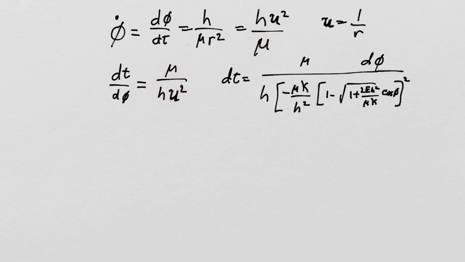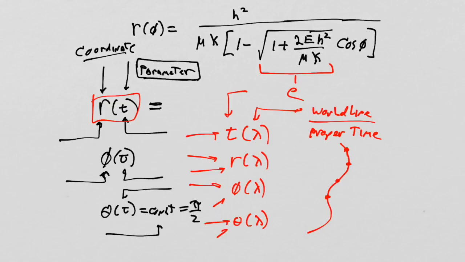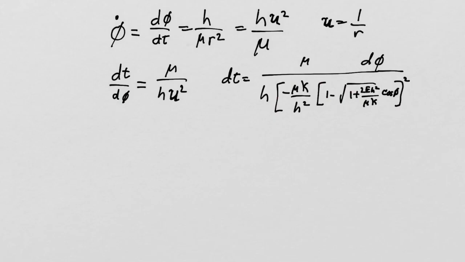This is the functional part, and we replace u squared with its functional form, which is this, right? Remember that from the r. This was 1 over u of phi, right? So if I flip this upside down, I get 1 minus this. This goes in the numerator, that goes in the denominator, which is what's going on here.